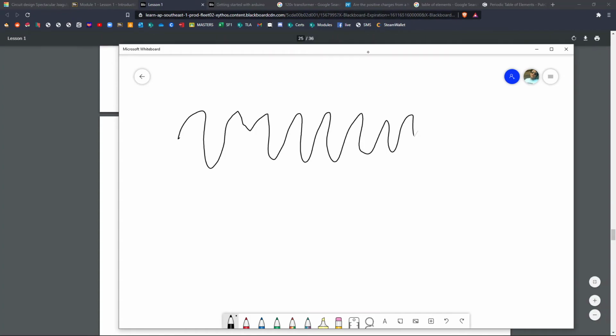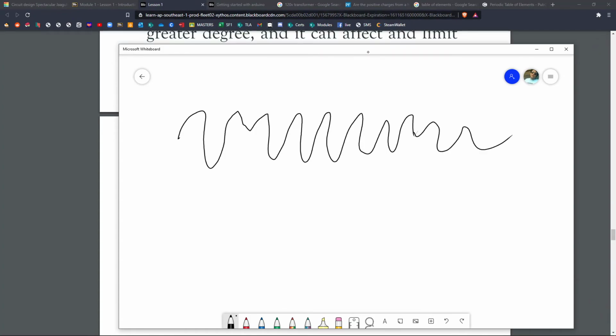So let's say, example lang to ng analog signal. Meanwhile, a digital signal is a recreation of that signal in digital format. So ganyan ang analog, or digital. Recreation lang siya ng signal.